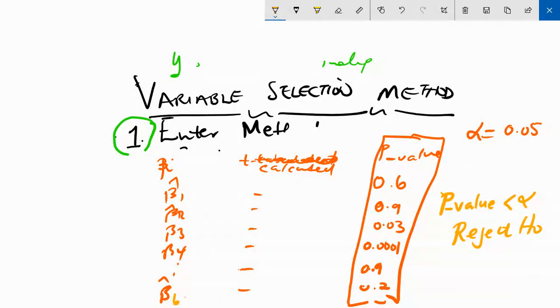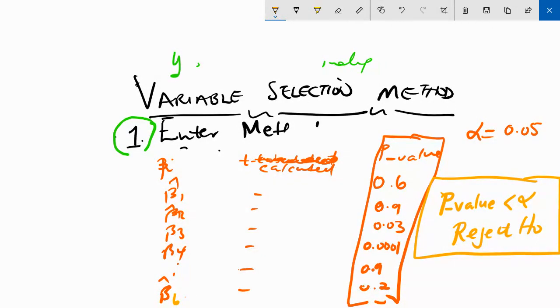So based on my example, if I give you this table and ask you to write the final model, which parameters will be part of the model? Here's the condition. If your P value is less than alpha, it means that variable qualifies to be part of the model.